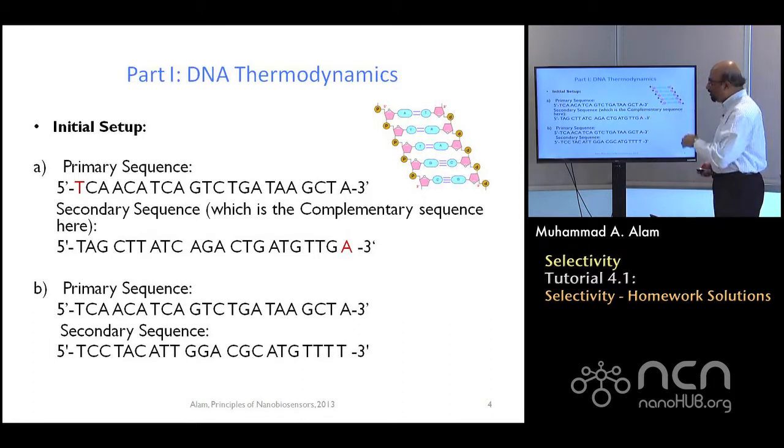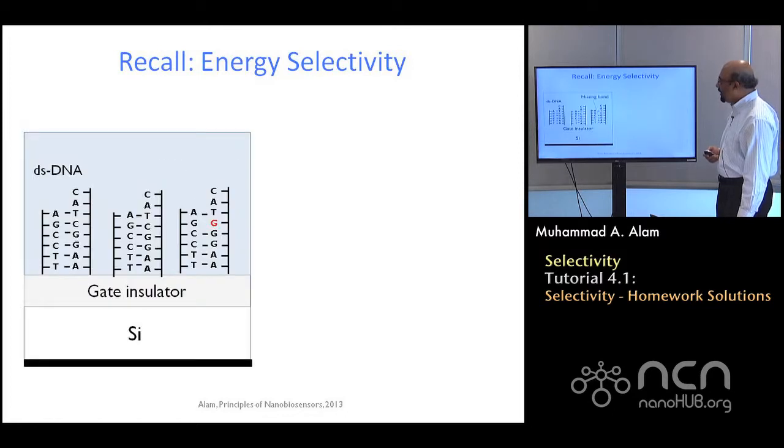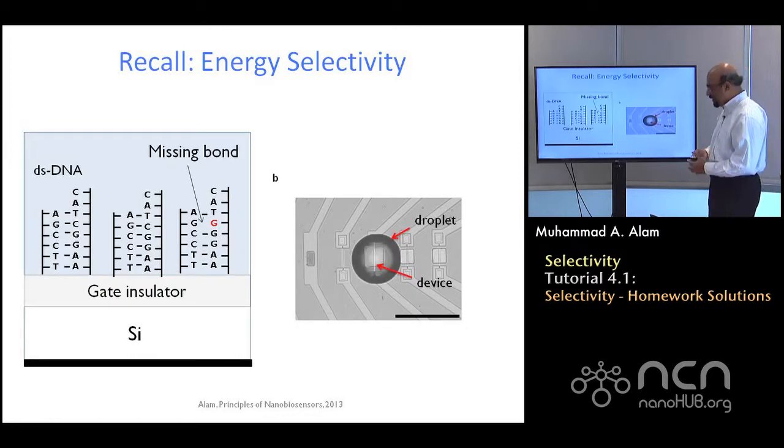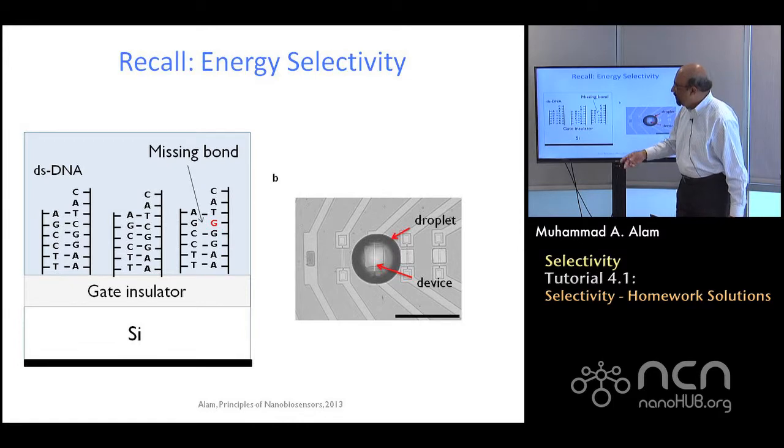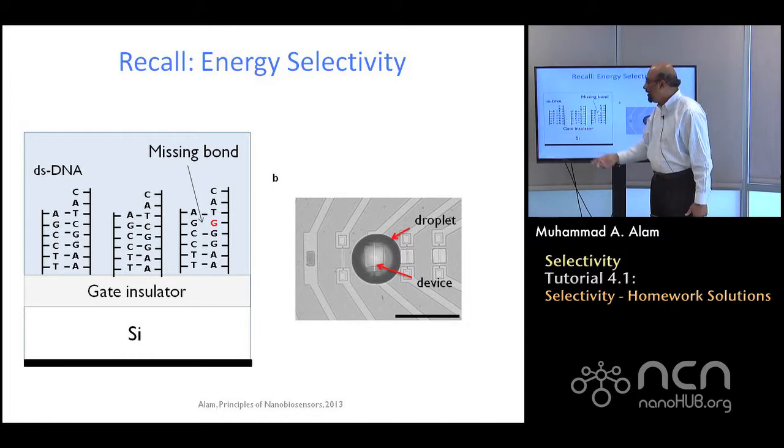So once you have put these sequences in the simulator and run it, you'll get some numbers. By the way, I just wanted to emphasize that the goal is that if the binding is perfect, there will be very strong bonds between the receptor and the target.